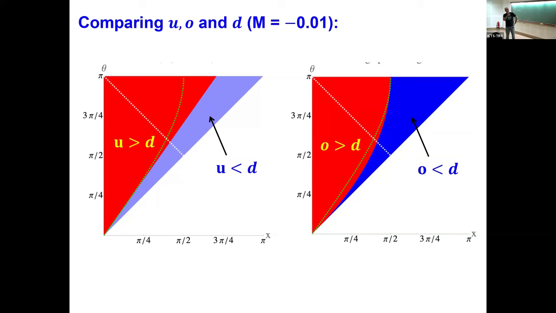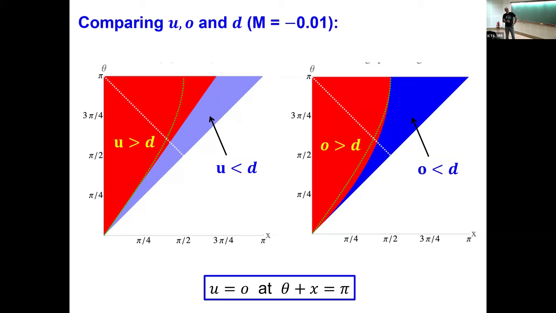I can do the same thing for the O phase, the one where the entanglement wedge enclosed the defect. In that case, I get a picture that looks like this, and you can see that they're different surfaces and they look slightly different. The key thing is that the O and the U are going to be equal along this dashed line here.